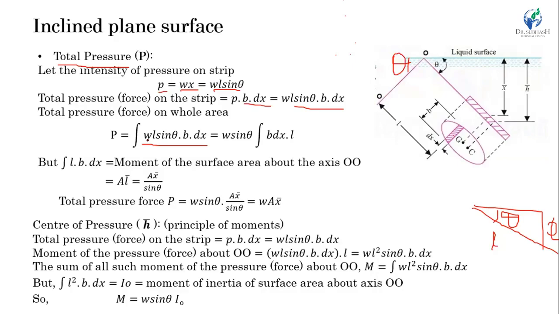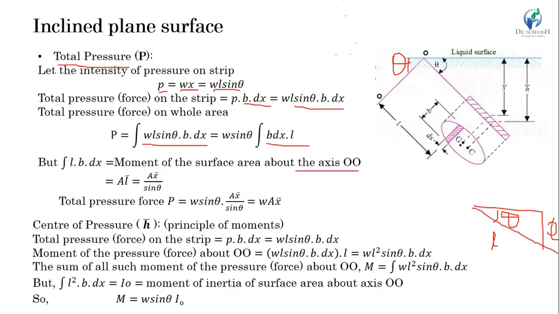Here omega and sine theta are constant values, so we can take them out of the integration sign, and the remaining term is b dx into L. But b dx is the area of the strip times L, so this is the moment of this small strip about the axis OO. So the integration is the moment of surface area about the axis OO.